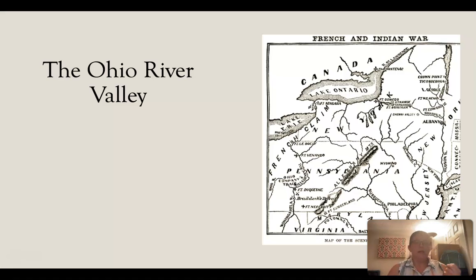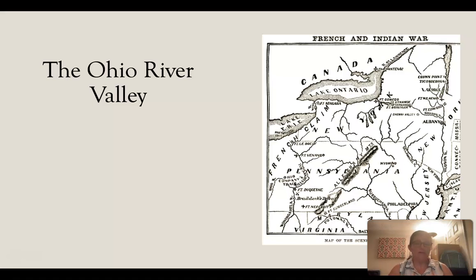Meanwhile, the French consider this region to be a vital link between New France up in Canada and Louisiana, which is their lower territories. So they claim the Ohio River Valley for France.